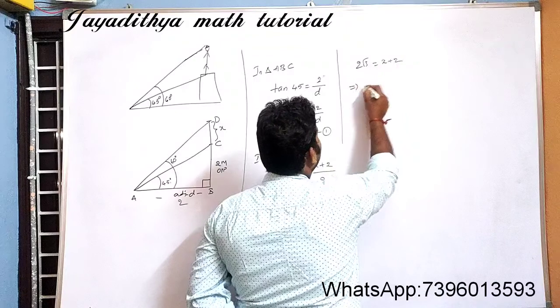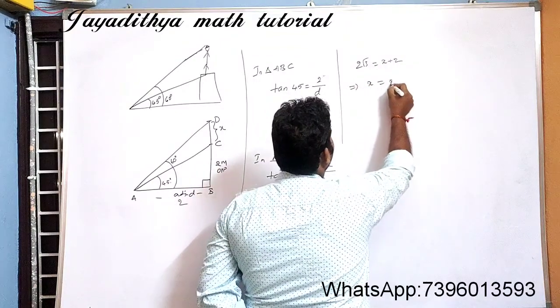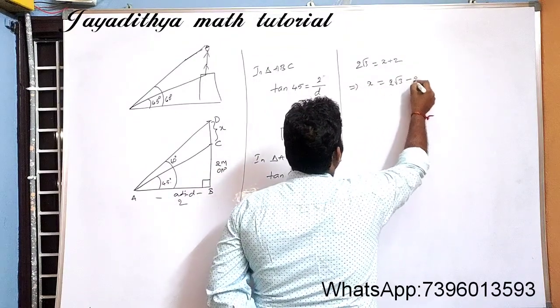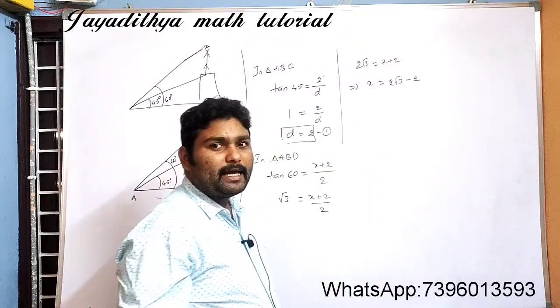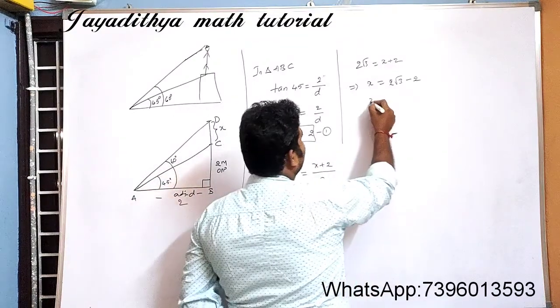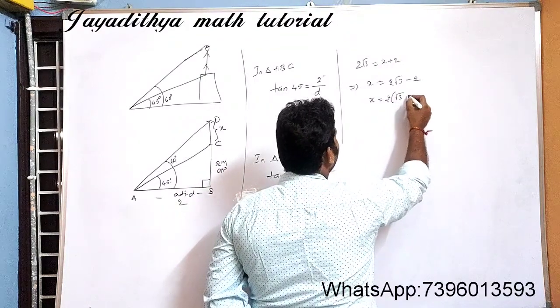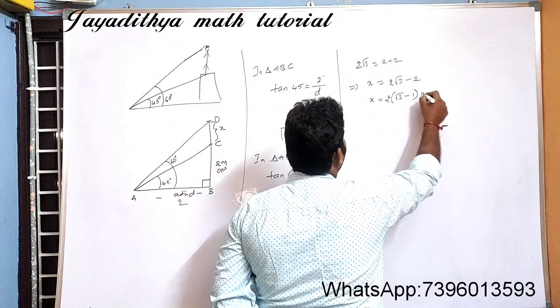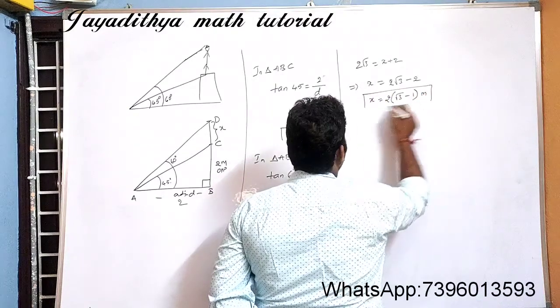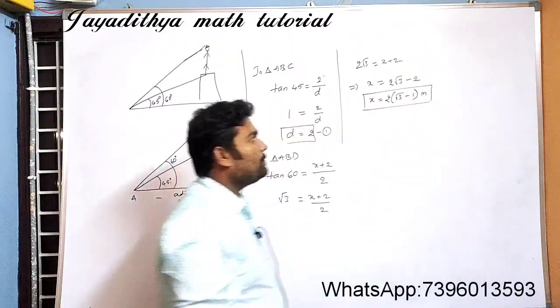From this you can write x equals 2 root 3 minus 2, and if you further simplify you can take 2 as common. This is 2 into (root 3 minus 1) meters.